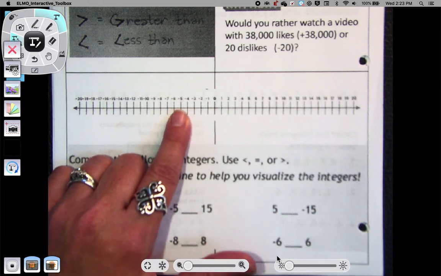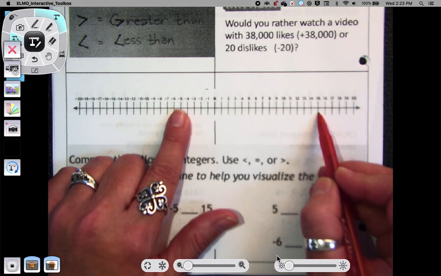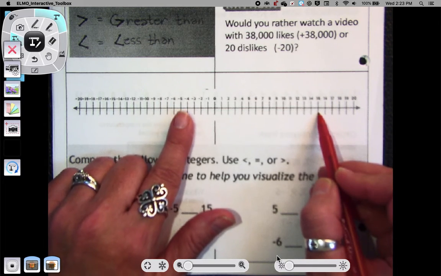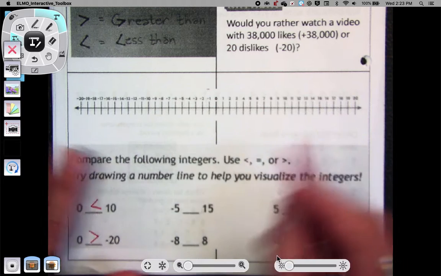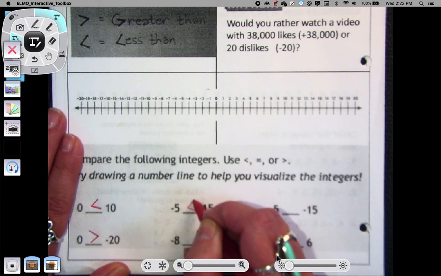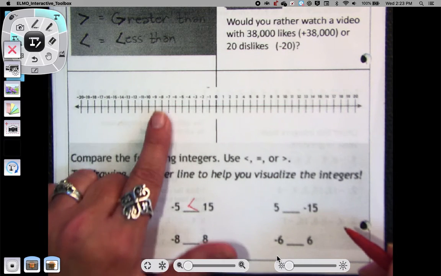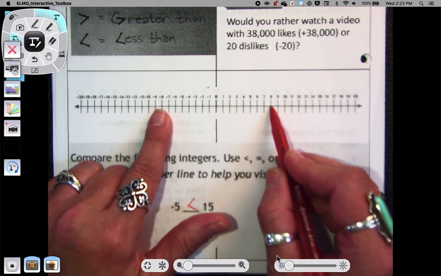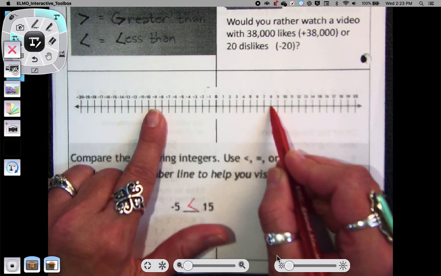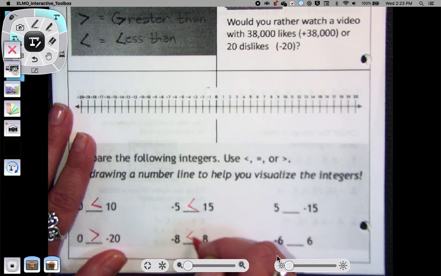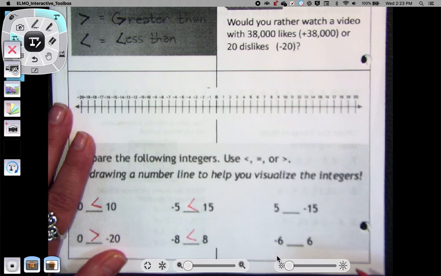We have negative 5 and 15. Negative 5 is on the left, so it is less than 15. Negative 8 and 8. Negative 8 is on the left, so it is less than 8.